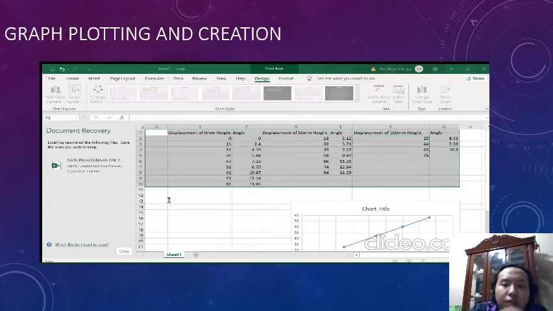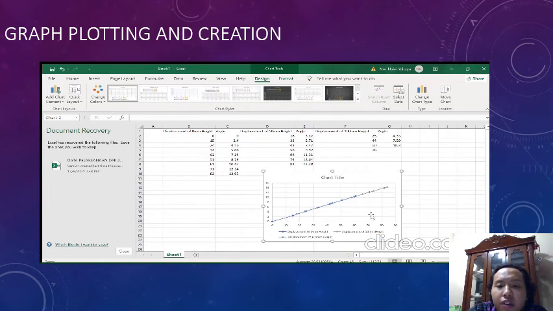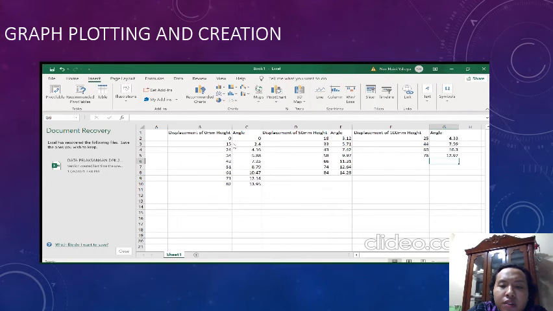After we are done with all the graph section, we will rename the head title of the graph. So this is how I make a graph plotting and creation.